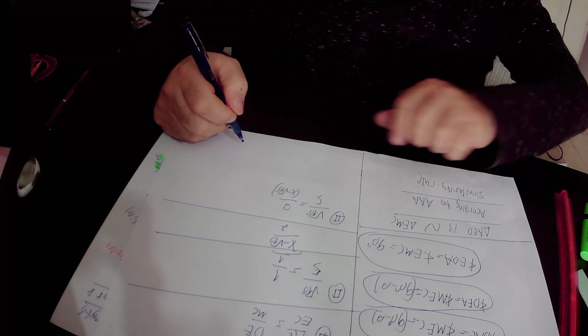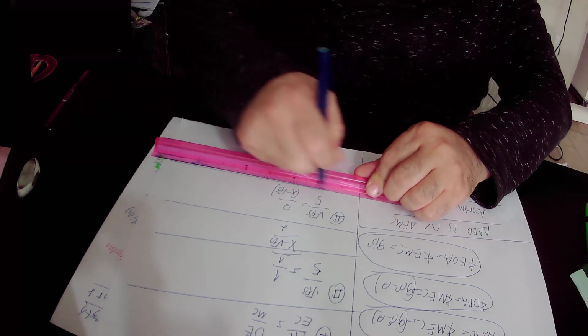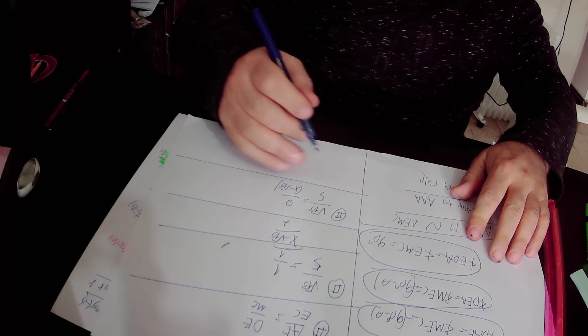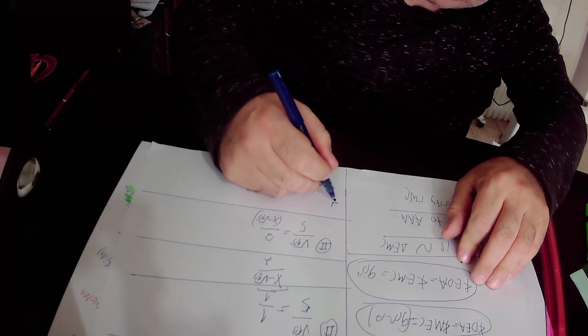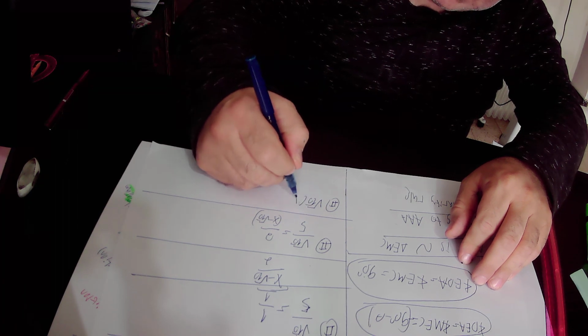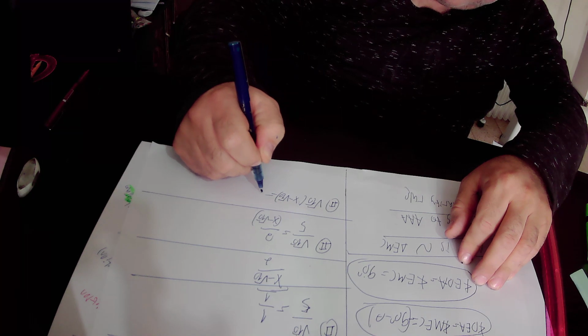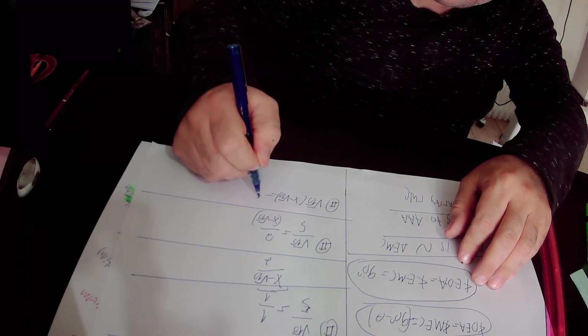Here we will cross multiply this equation, and we will get that square root of 10 times x minus square root of 10 equals 5 times 2, that is 10.